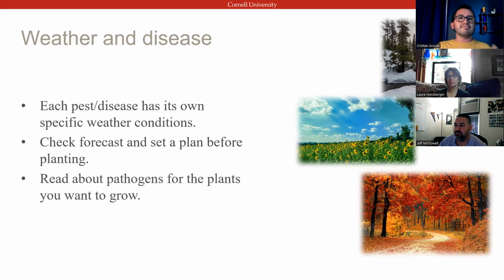Always have a plan B, a plan B, C, D, just in case something happens. So it's important to check the forecast, check the calendars, check everything and set a plan, but have multiple plans in case something happens and the predictions are not right in some part of the year.